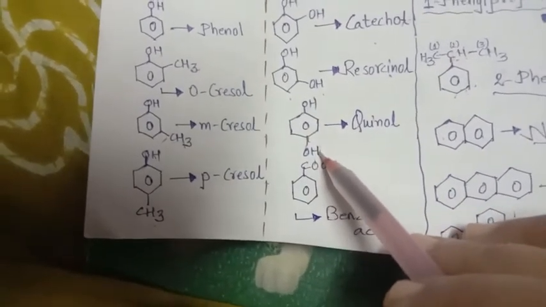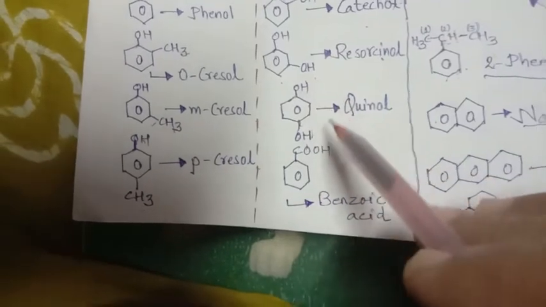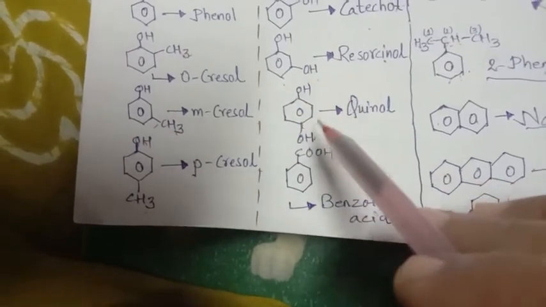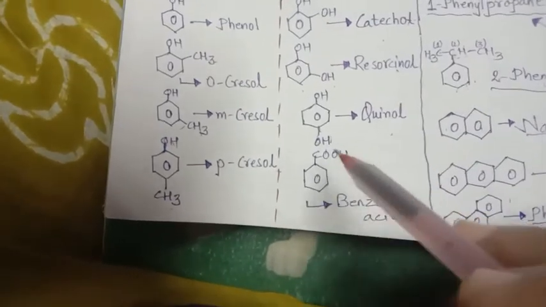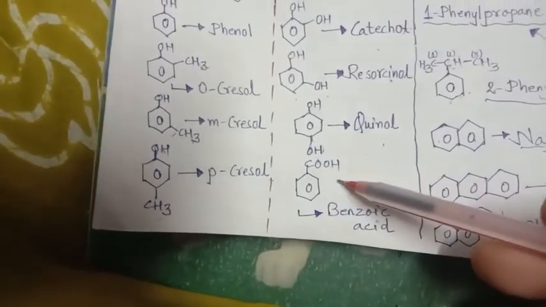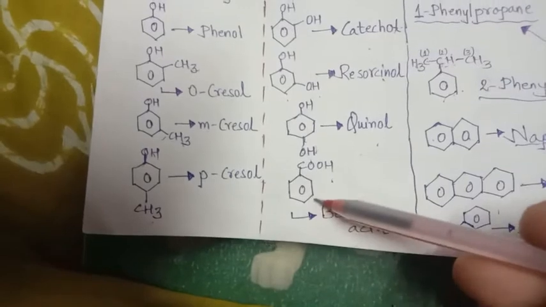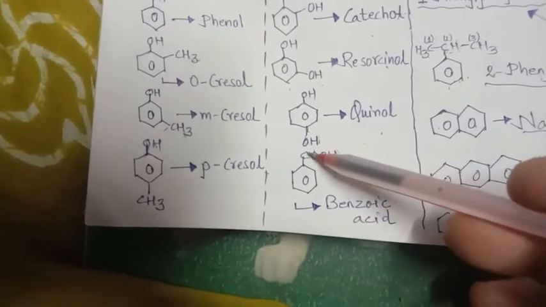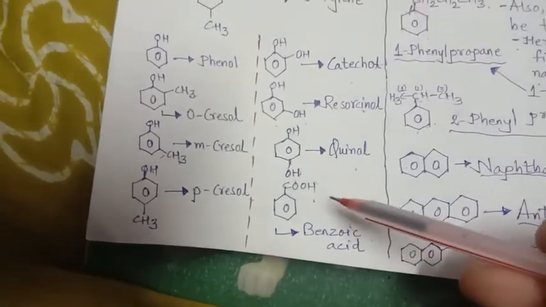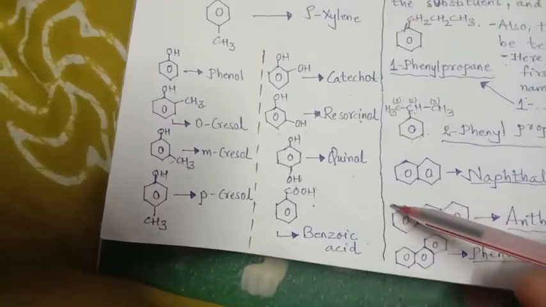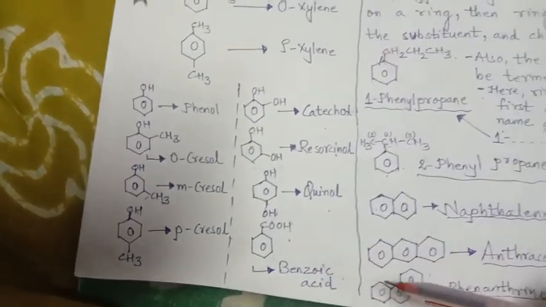Quinol. The other constituent compounds and other processes along with this quinol are helpful for the preparation of malaria drugs. And then a benzene ring along with the acid group is benzoic acid. So other namings and other structures we will do in the next video.